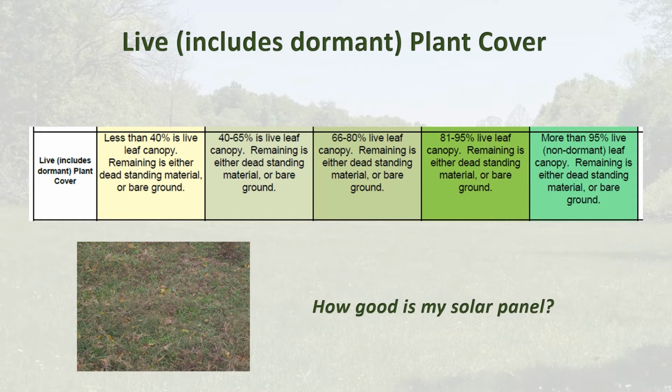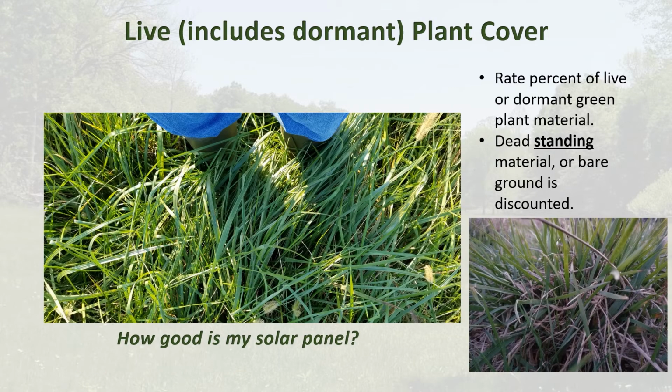Management factors that influence standing dead material include frequency of grazing, length of the grazing period, stocking rates, density, and the length of the rest period. This can be more difficult to judge as the season moves into late fall and winter, but there will be some green color left in live dormant plants, even though photosynthesis has all but stopped.